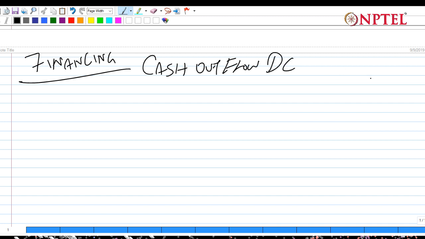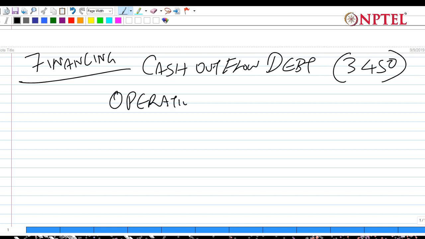The payment of debt is about 3,450, negative, payment made. Now, if I look at the cash flow statement, we have cash flow from operations, investing, financing.